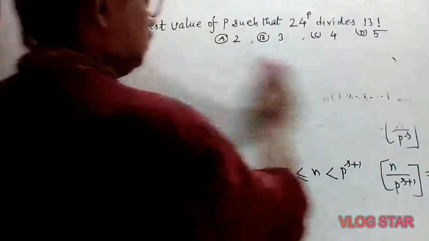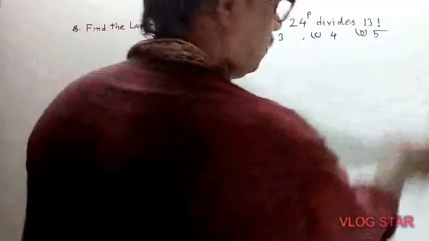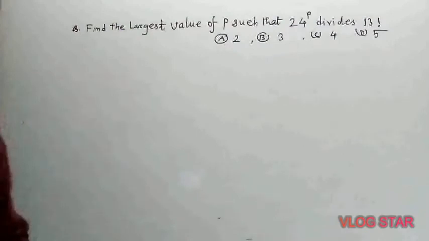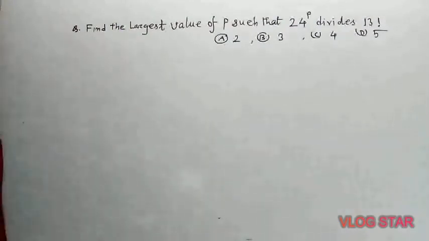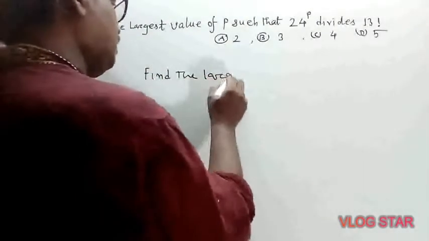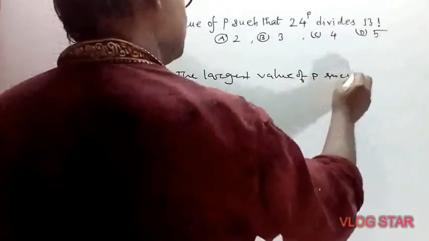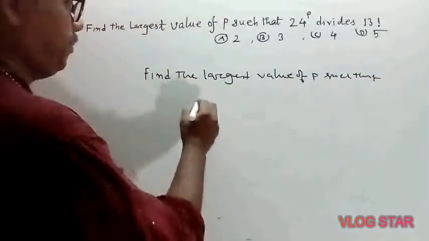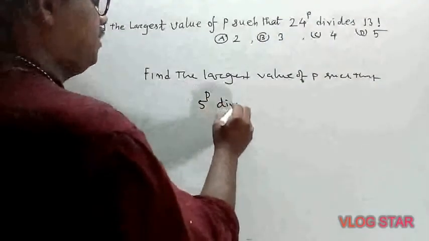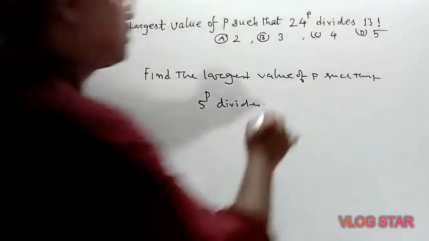Now, one problem. Find the largest value of p such that 5 power p divides 12 factorial.